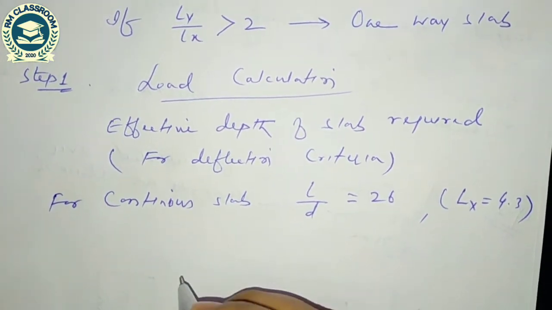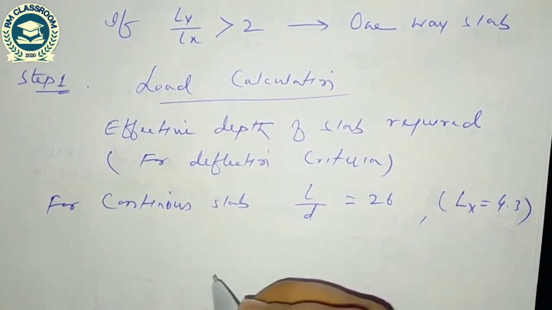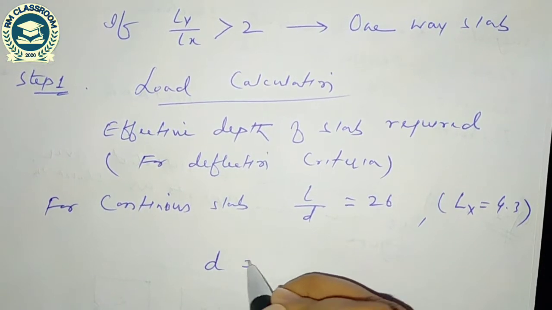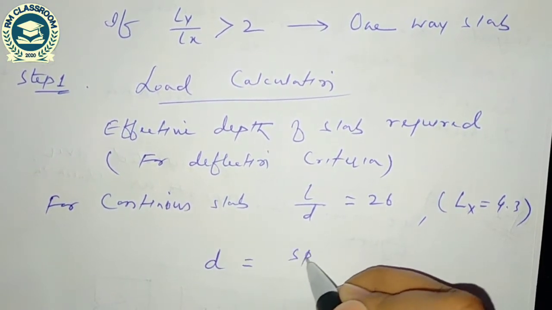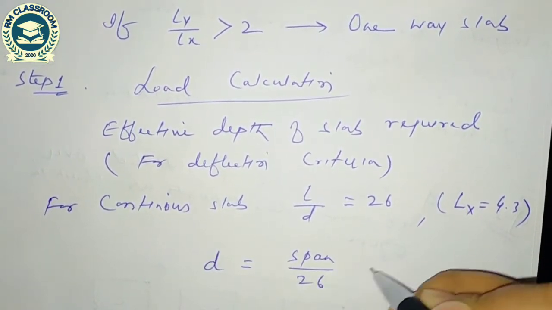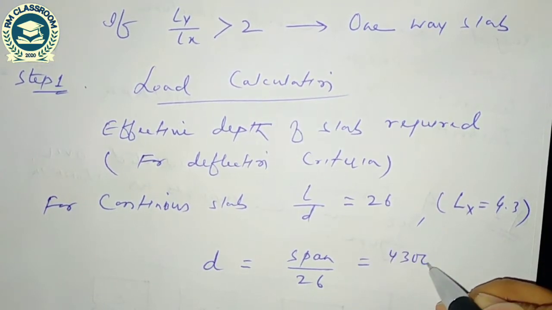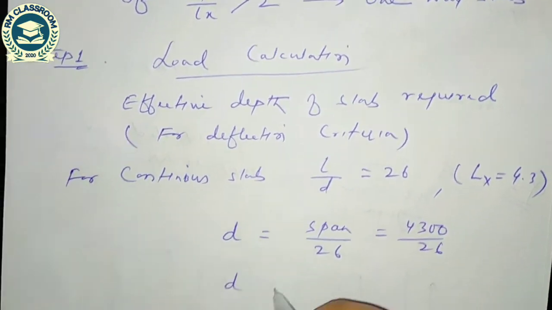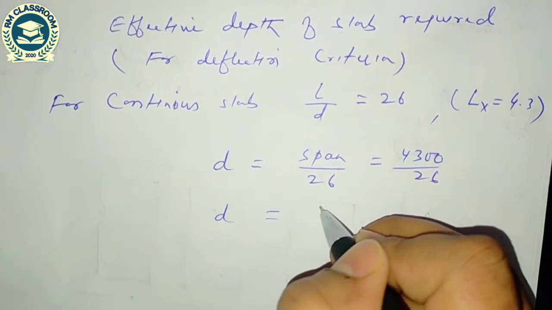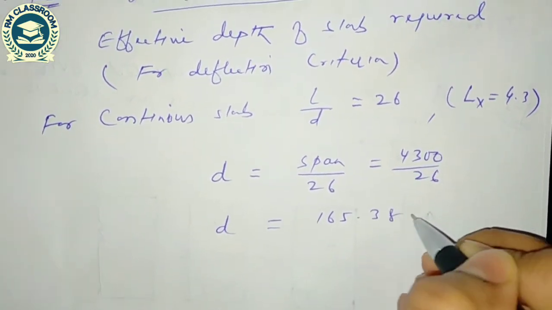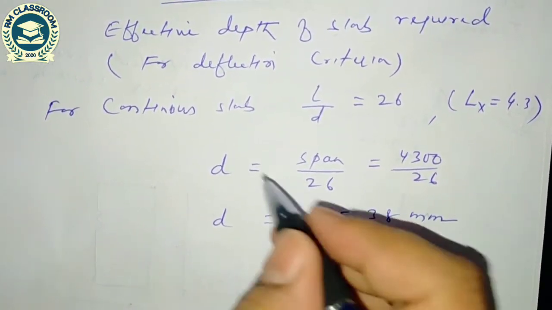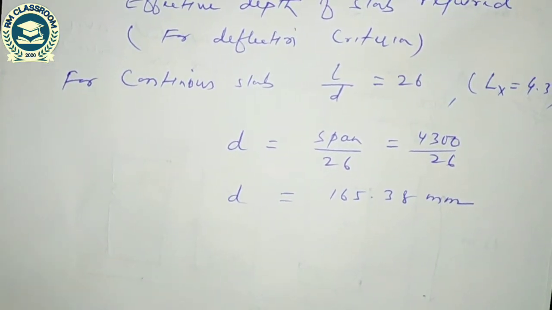So the effective depth can be computed. Effective depth is equal to span by 26, so 4300 divided by 26. The effective depth is coming 165.38. This is the criterion for the limit state of serviceability.